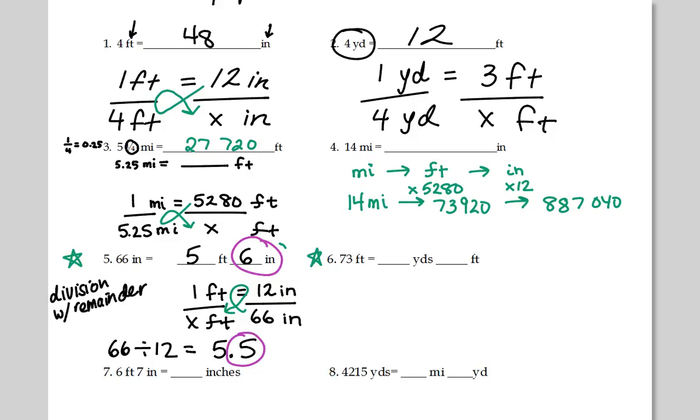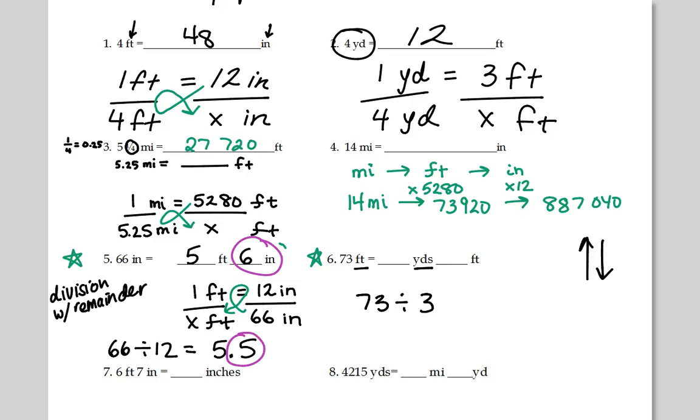Next one. We're going from feet to yard. Unit got bigger. So our number should get smaller. What's the relationship between feet and yard? So I got to divide by 3 because there's 3 feet in every yard.